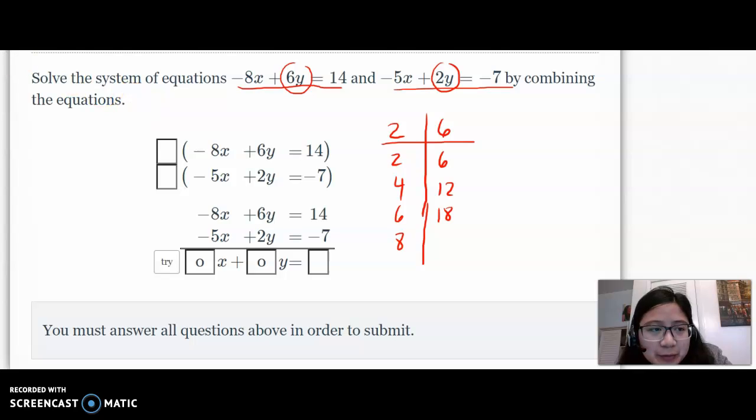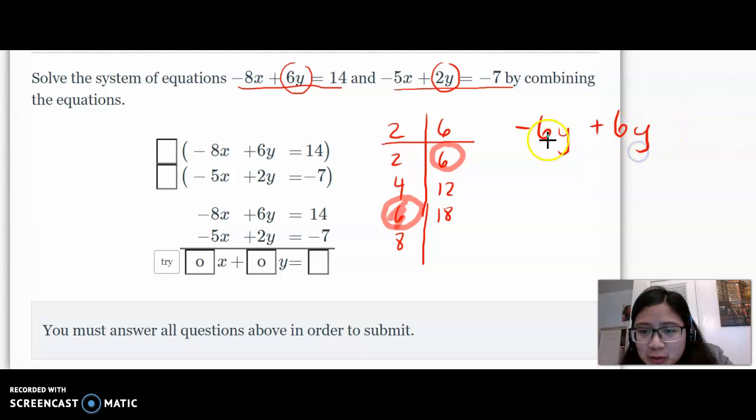Now with these multiples, remember we want to find the least common multiple, so I'm going to use 6. And I have to remember, for me to cancel out the y's, one of the 6's has to be a negative and one of them has to be a positive. So I'm trying to change the y's to look like this over here because they will equal 0.